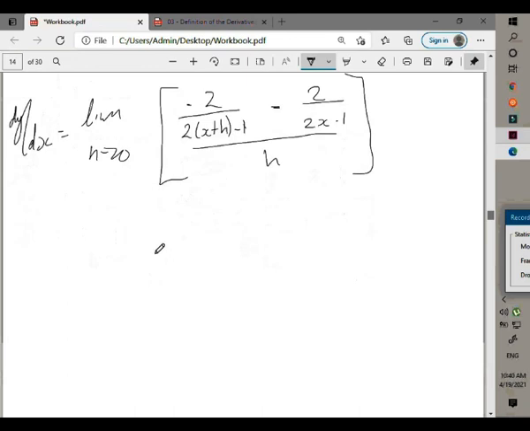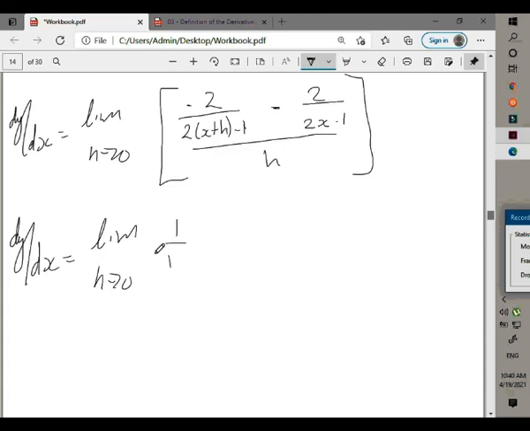I've got to write it out and tell myself to do things step by step. So my next step, I'm going to put h out in front. So dy upon dx is equal to the limit as h approaches 0 of 1 over h of minus 2 over 2 bracket x plus h minus 1.